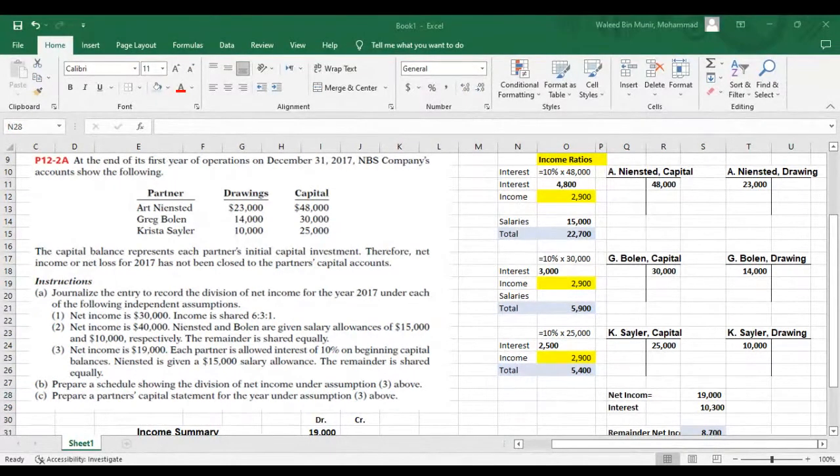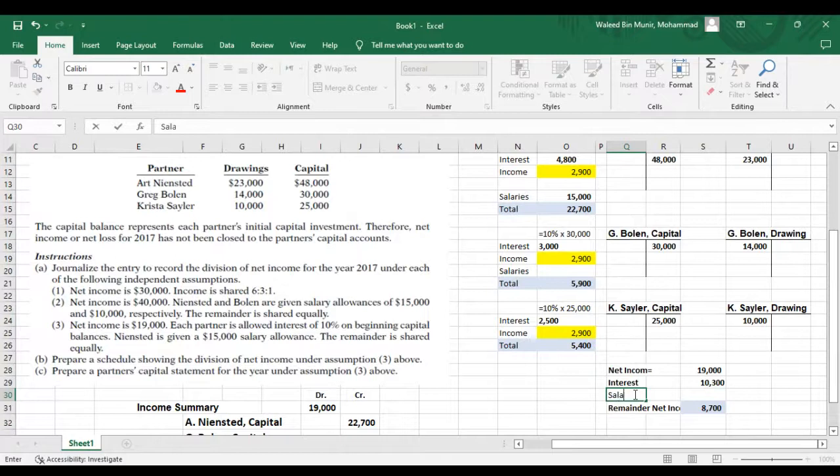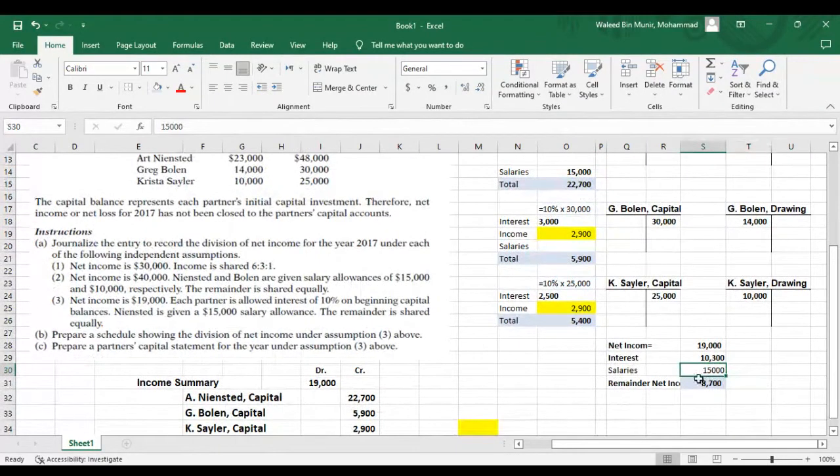And then the interest. First of all, what is the total salaries and interest? Sorry, we have to subtract salaries and interest, and whatever is left, we have to distribute. Sorry, in our total, we put the interest here, but we did not put the salaries. Salary will be 15,000, right? Credited, right? Yes, it will be credit, Doctor.